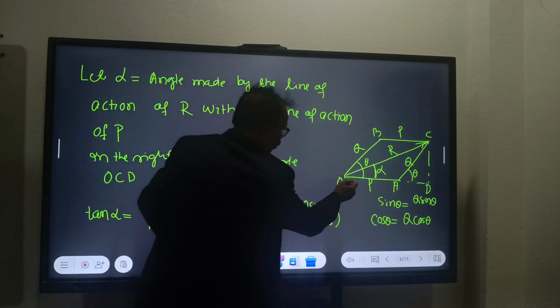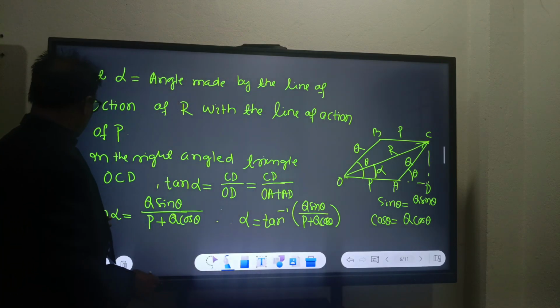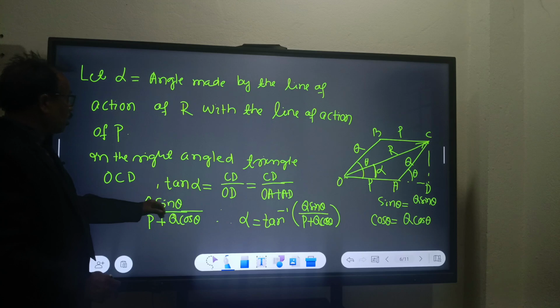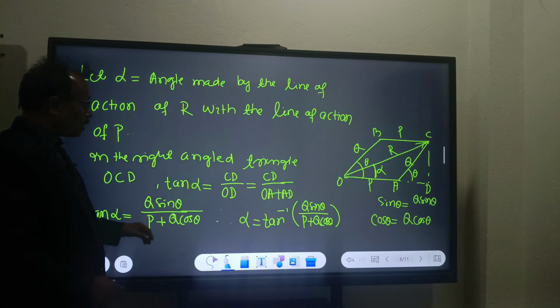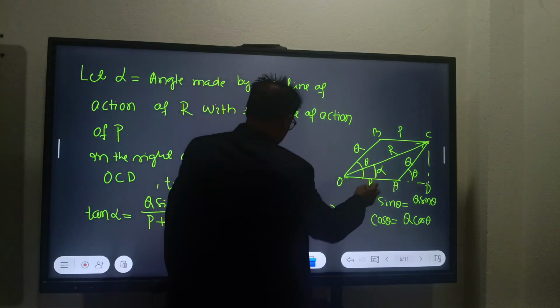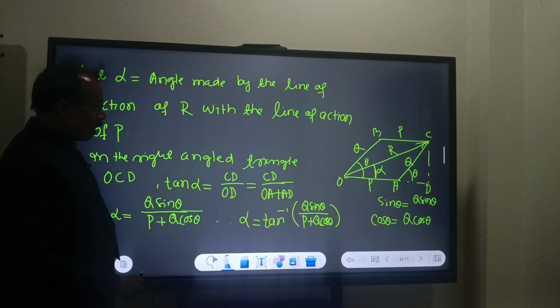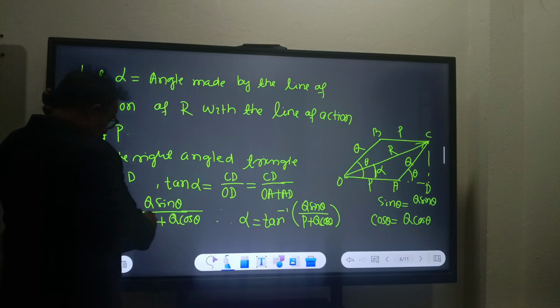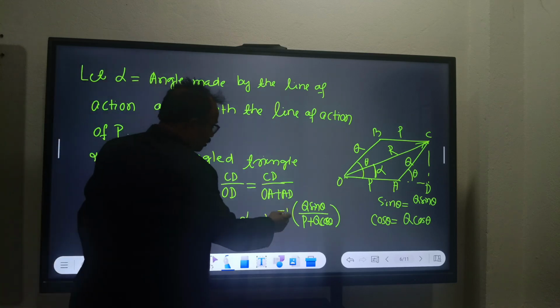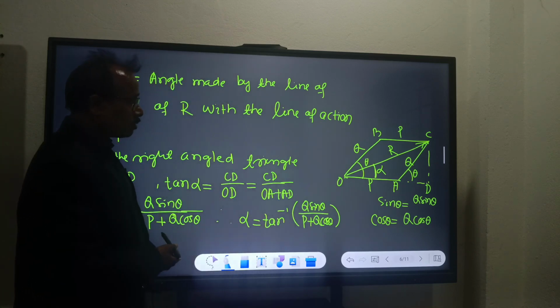You know that CD is equal to Q sin theta, so tan alpha is equal to Q sin theta by P plus Q cos theta. Therefore, alpha is equal to tan inverse of Q sin theta by P plus Q cos theta.